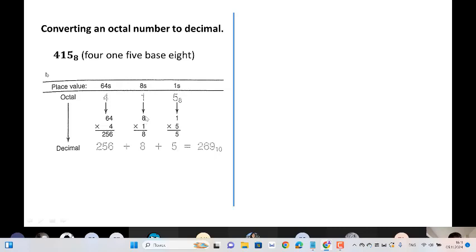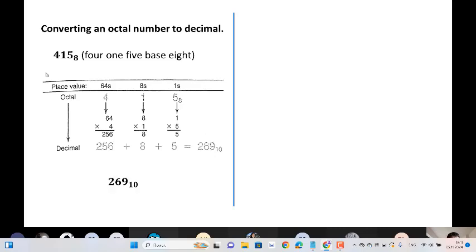The next number is 1, its value is 8, just 8 times 1 will be 8. The last digit is our 4, its value is 64, you just multiply: 64 times 4 will be 256. You just sum up all of these values, and you will get 269 in decimal.